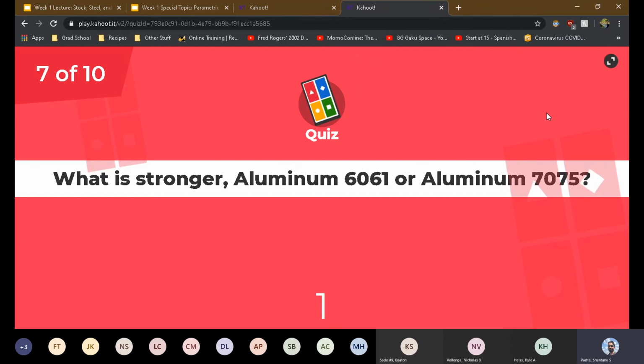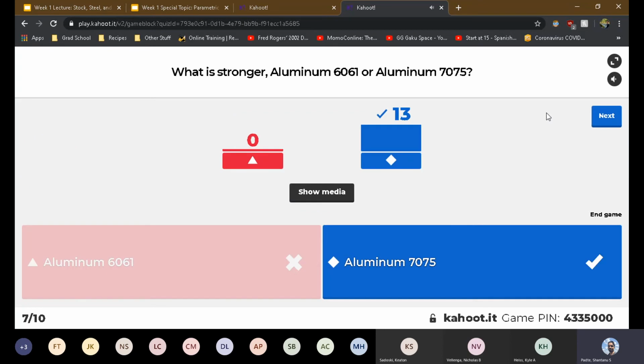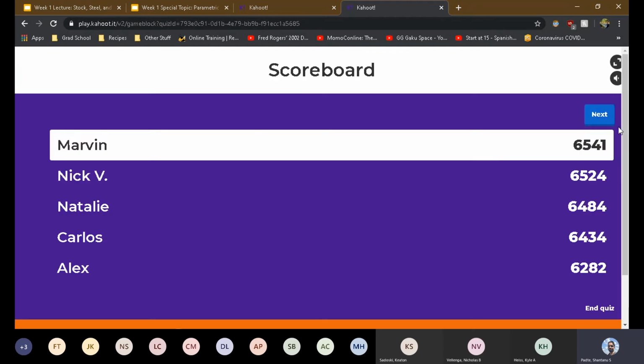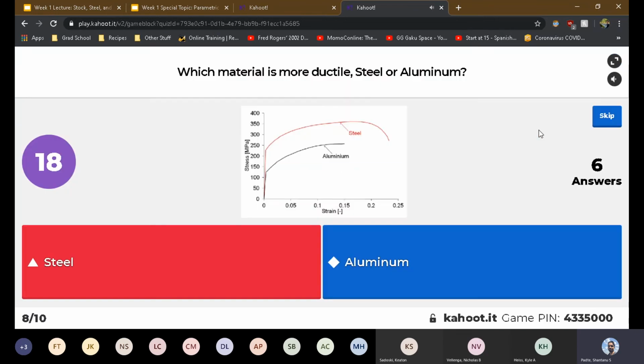What is stronger, aluminum 6061 or 7075? Yep, that's good. Bigger number, better. Which material is more ductile? Steel or aluminum?